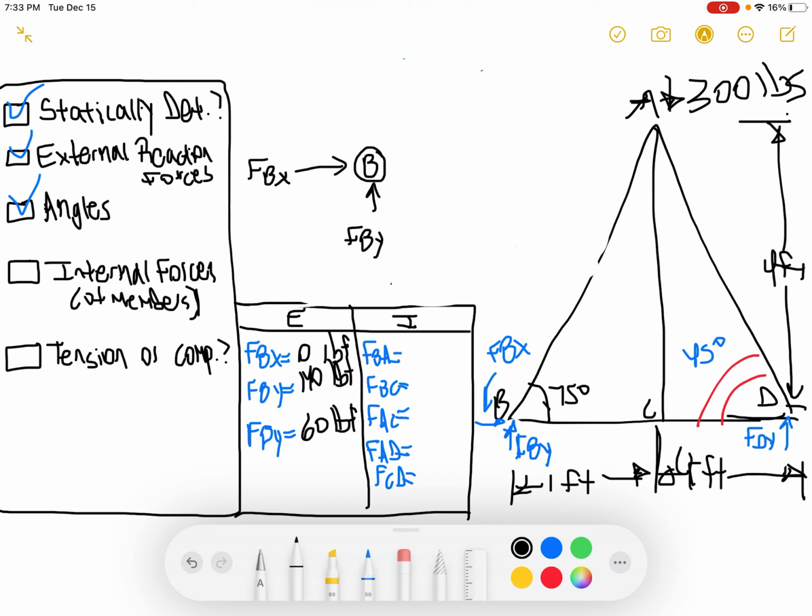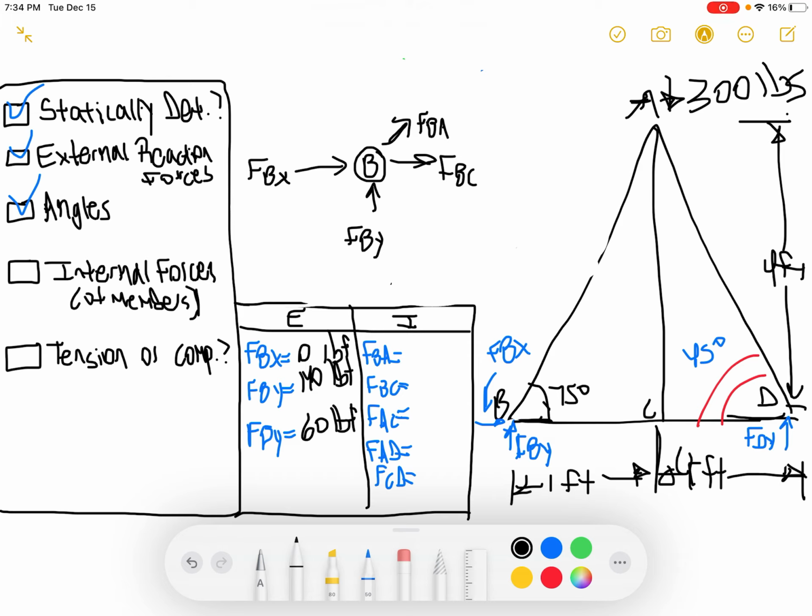We have also this force, FBA, to the northeast direction, drawn away because it's an internal force. And we also have FBC, that's to the right, drawn away because it's an internal force. Those are the 4 forces.